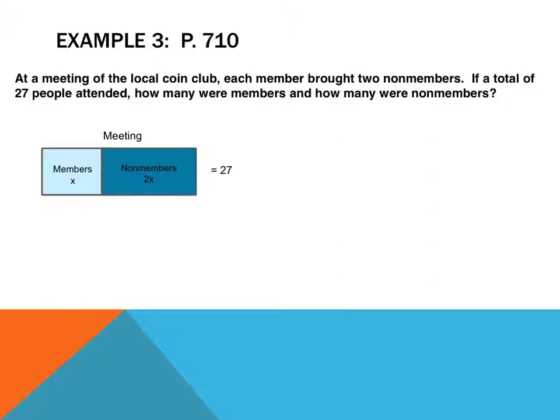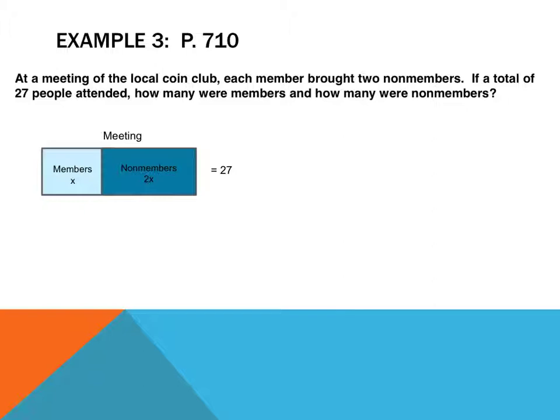Example 3. At a meeting of the local coin club, each member brought 2 non-members. If a total of 27 people attended, how many were members and how many were non-members? Okay, so we have x members, and we have double that number of non-members.